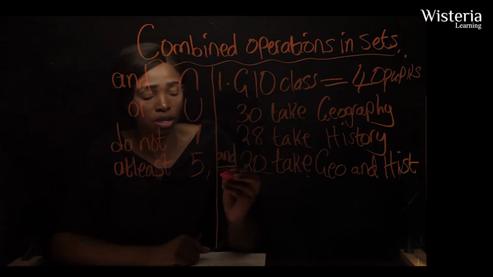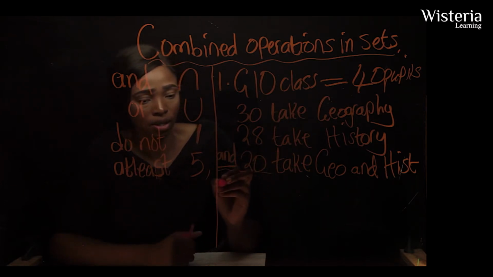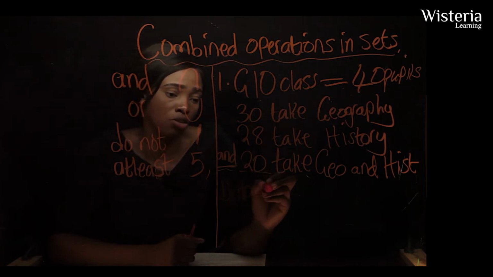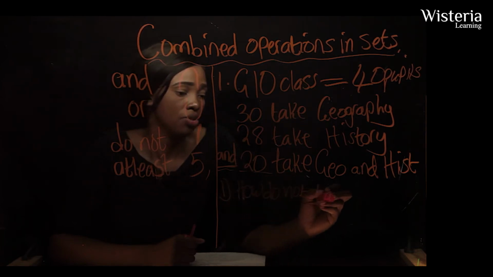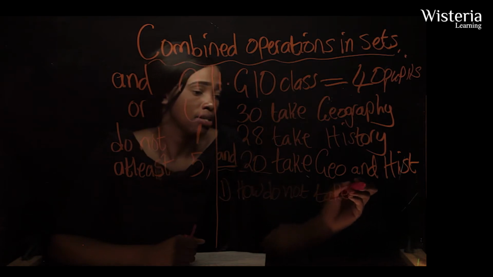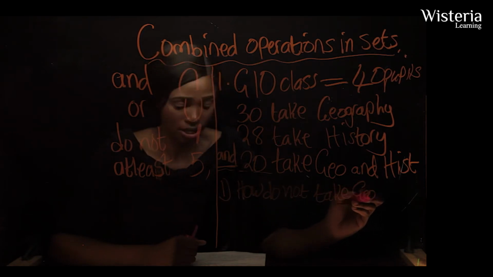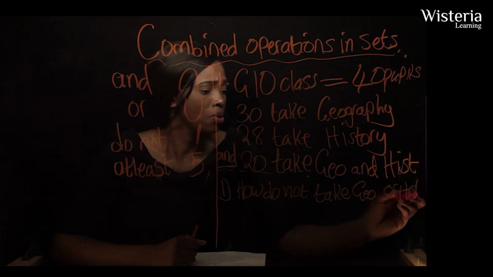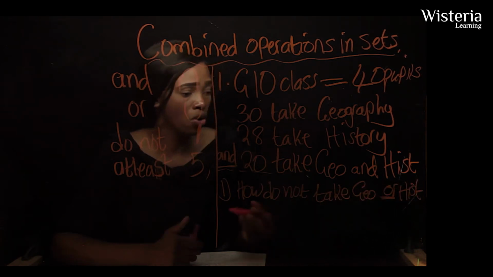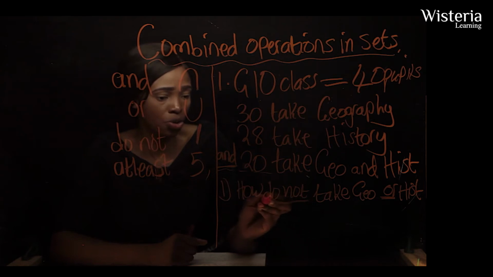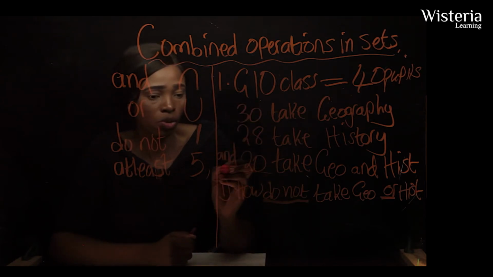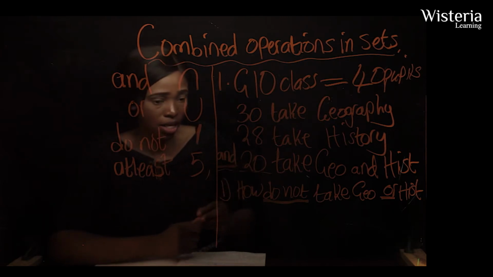So the question that we want to answer is how many do not take geography or history. So we see "or" coming in and "do not". Earlier we saw the word "and" coming in.